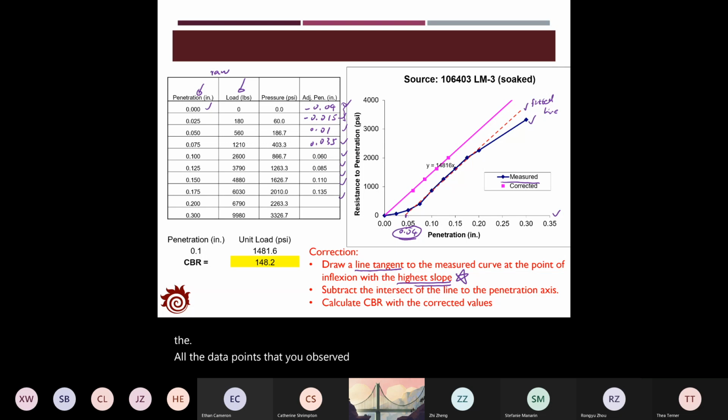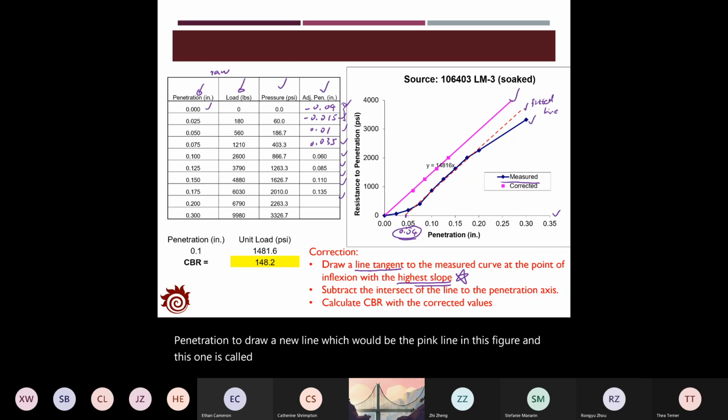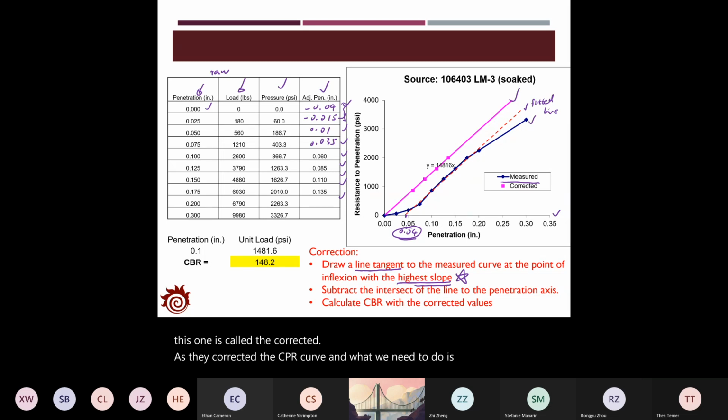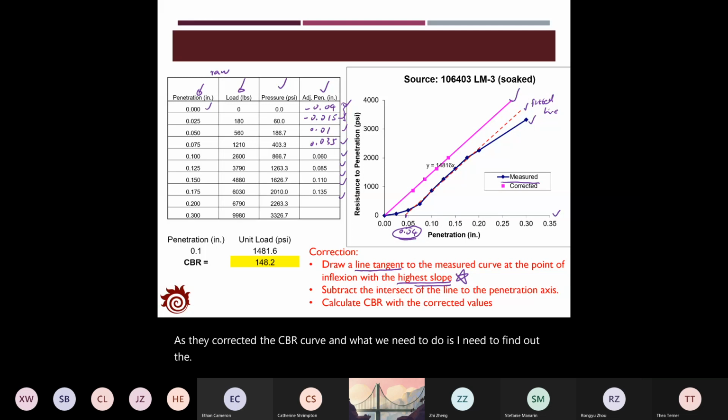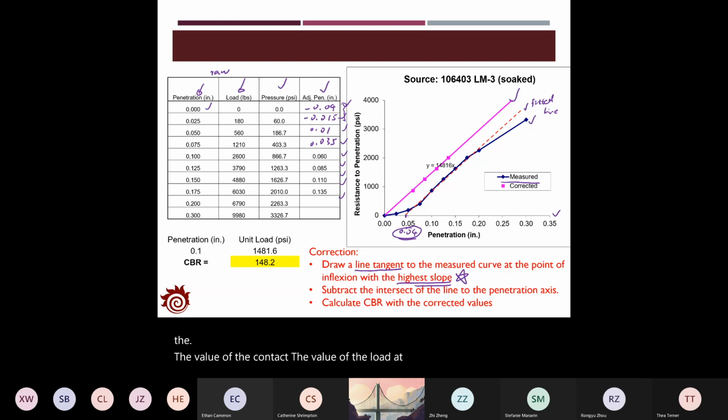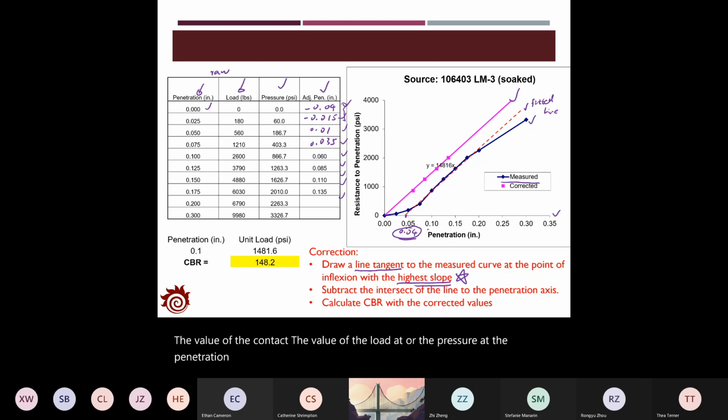And now you use the pressure and the adjusted penetration to draw a new line, which would be the pink line in this figure. This one is called the corrected CBR curve. And what you need to do is find out the value of the load, or the pressure, at the penetration of 0.1 inch.